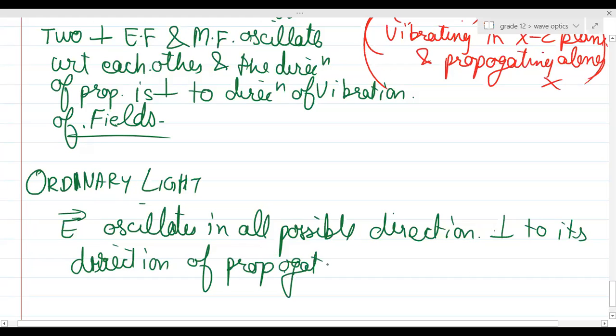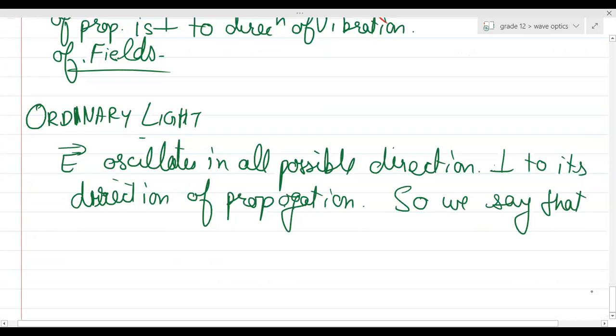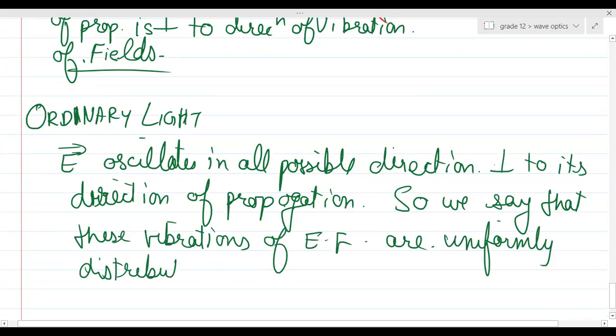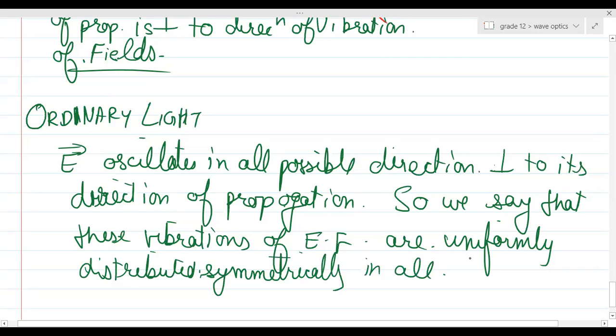So we say that these oscillations or vibrations of the electric field are uniformly and symmetrically distributed in all directions perpendicular to the direction of propagation.